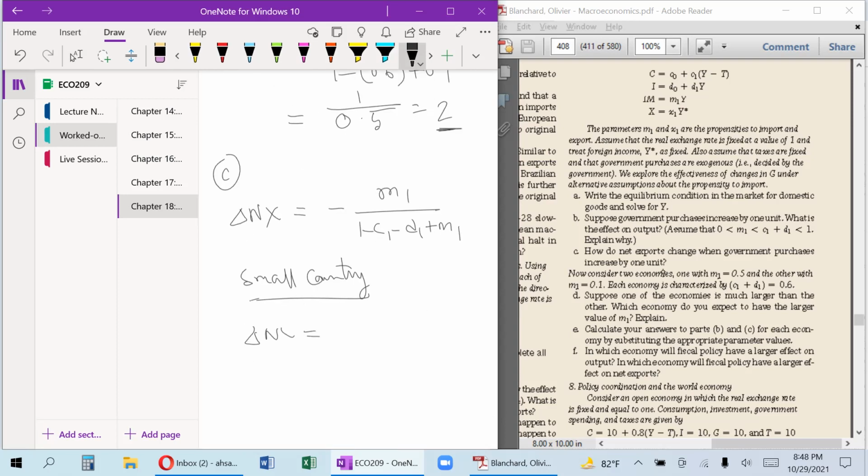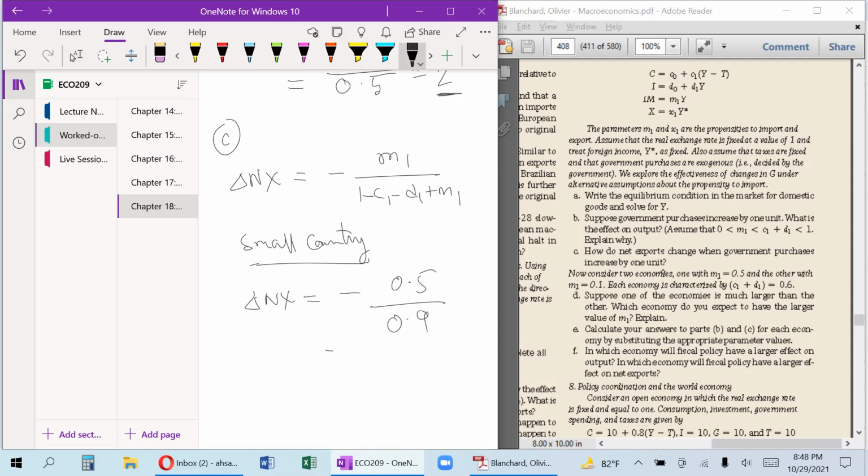The change in NX would be minus M1, which is 0.5 here, divided by 0.9, so this is effectively minus 0.55.